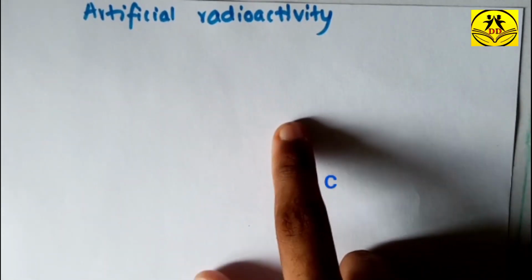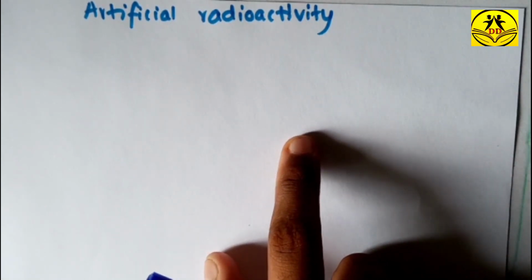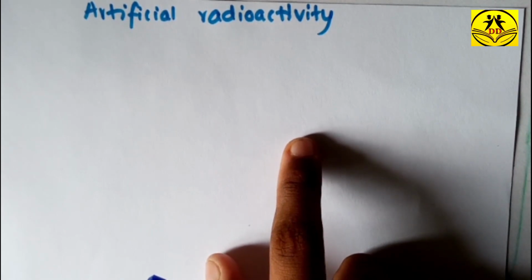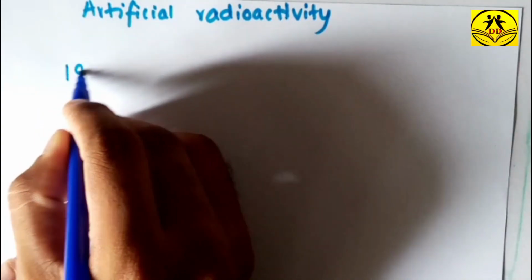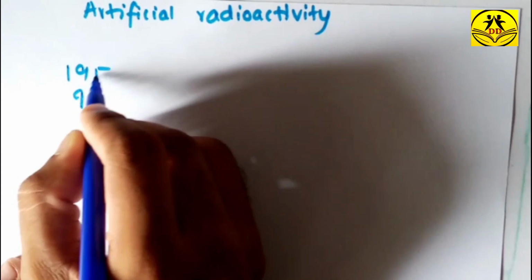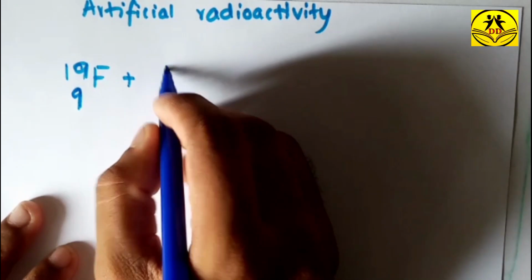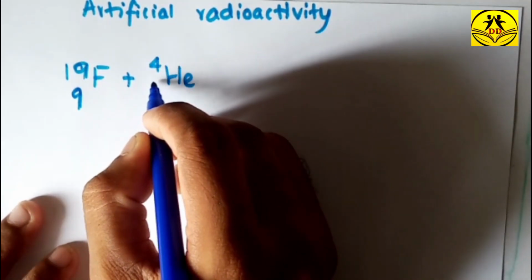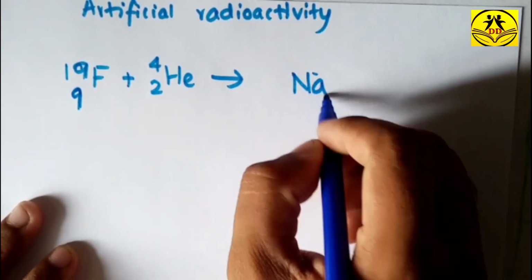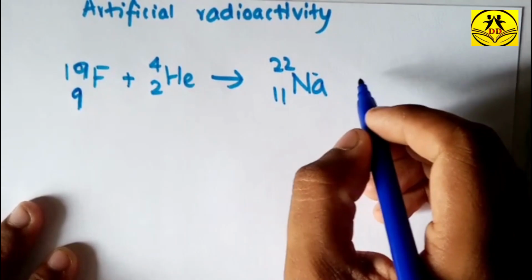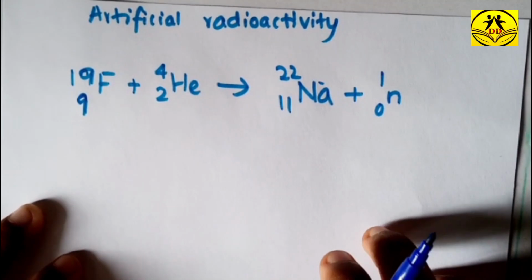So for some elements that are not naturally radioactive, we can induce radioactivity by striking a particular element with some atomic particles. For example, we take 19 fluorine nuclei and strike it with helium 4 nucleus, and then we can obtain an artificial radioactive element, 22 sodium, and a neutron will be emitted.